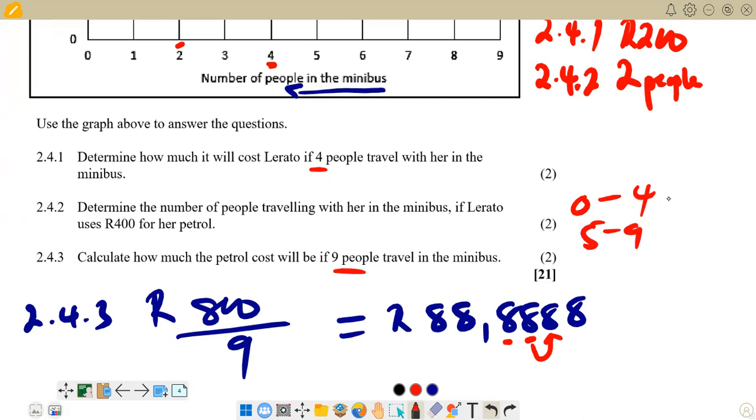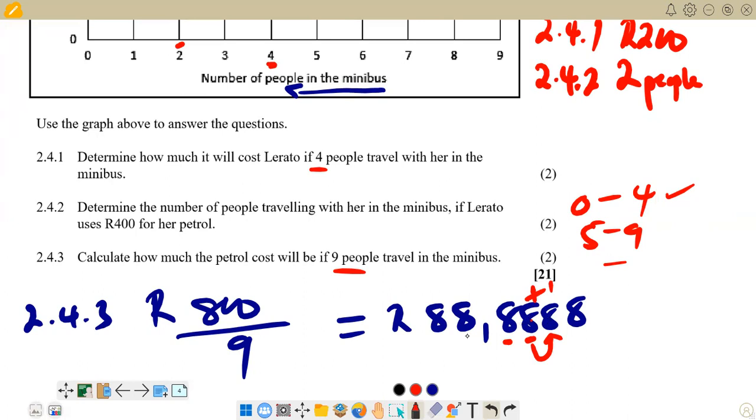If it's in the range 0 to 4, it doesn't change. This figure is not changed. It remains 8, and the others change to 0. But if it's in the range 5 to 9, we are going to add 1 to this one, and the others become 0. So in this case, 8 is in the range 5 to 9. So it means we are going to add 1 to the figure that we have here, and it becomes 9.